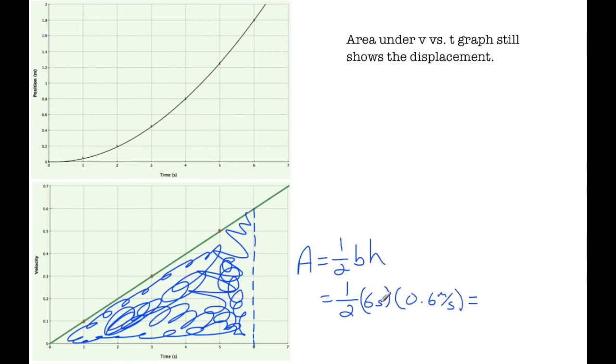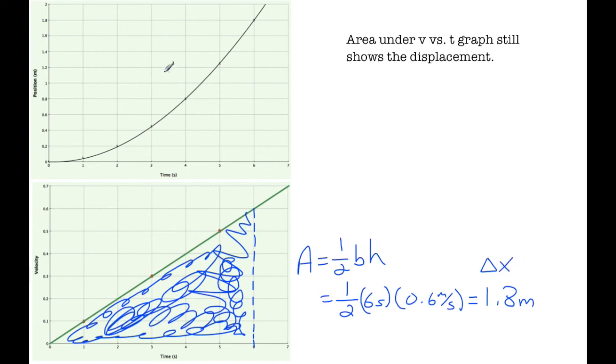So look at the units. The units will still come out to meters because the seconds are going to cancel here and here. And if I do the math on this, 0.6 times 6 times a half, which is 0.5, that gives me 1.8 meters. So I'm getting 1.8 meters. That should be my displacement.